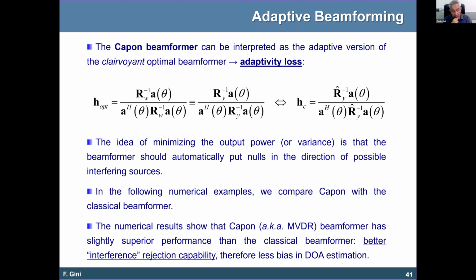I want to show some numerical results to compare Capon with the classical beamformer, and in order to show that Capon has better interference rejection capability. So it provides a more accurate estimate of the direction of arrival of the target.